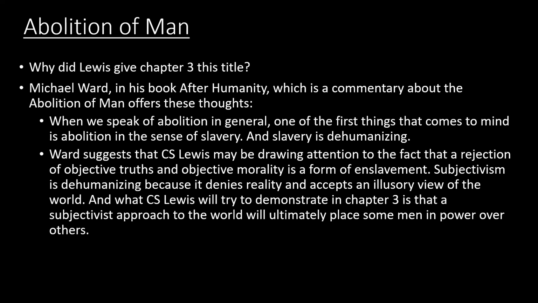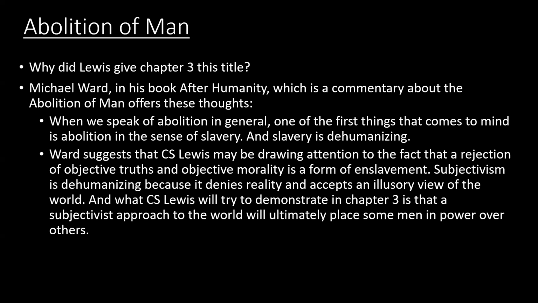And so Michael Ward suggests that C.S. Lewis is using this term abolition intentionally with this idea of the dehumanization of slavery in the background to draw our attention to the fact that a rejection of objective truth and a rejection of objective morality is ultimately a form of enslavement. And subjectivism is dehumanizing because it denies reality and it accepts an illusory view of the world.